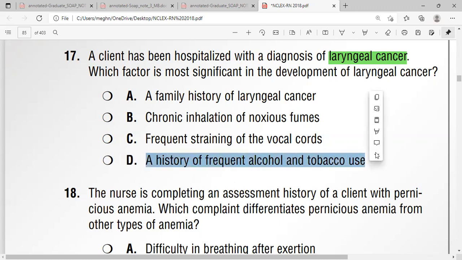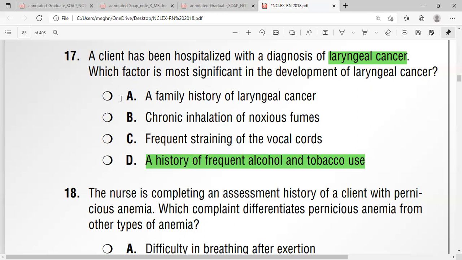The book says laryngeal cancer is related to the risk factors of tobacco abuse and alcohol abuse. A history of frequent alcohol intake or tobacco use is the most significant factor in the development of cancer of the larynx.